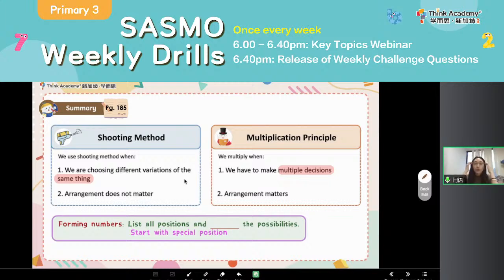That is when we have to make multiple decisions, and for each decision, we have certain options. Then in the end, we just multiply the number of options together, okay? And then what about forming numbers? We list out all positions first, then check how many choices we have for each place value, and then multiply the possibilities. Where should we start from? We must start from the special position here, okay?